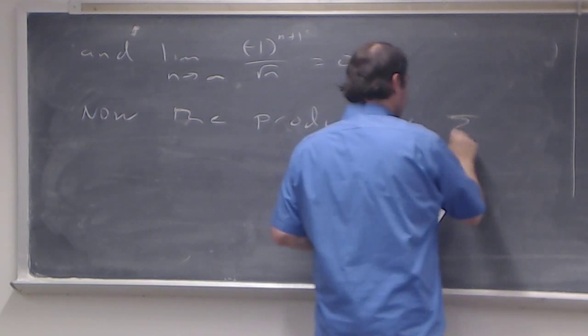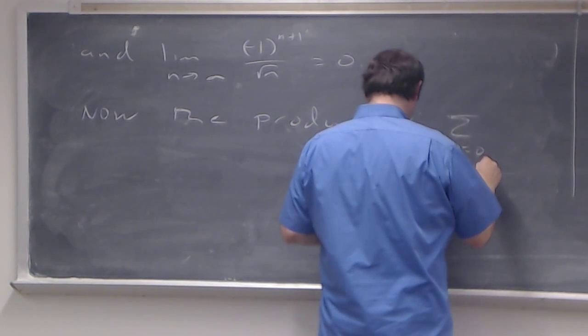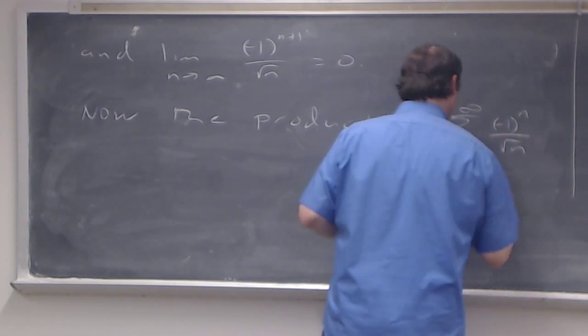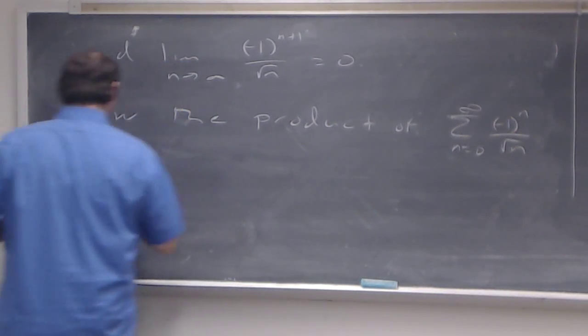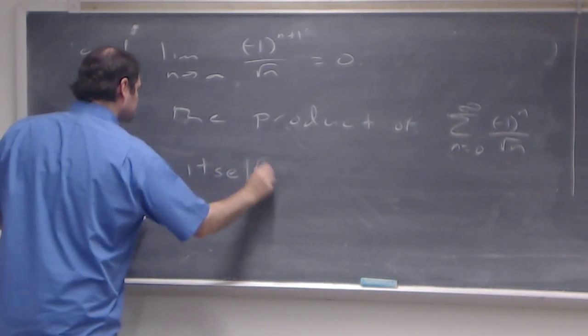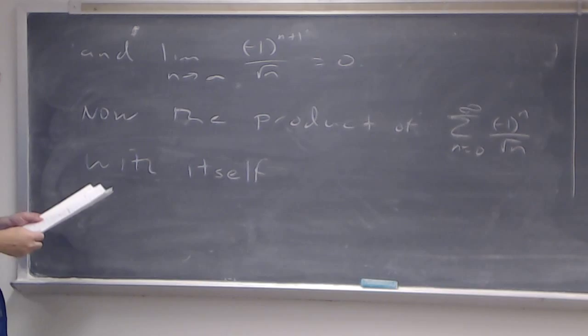Now, what we want to turn to is the product of our series, which I'll rewrite as the sum as n goes from 0 to infinity of (-1)^n over the square root of n, with itself. Okay.